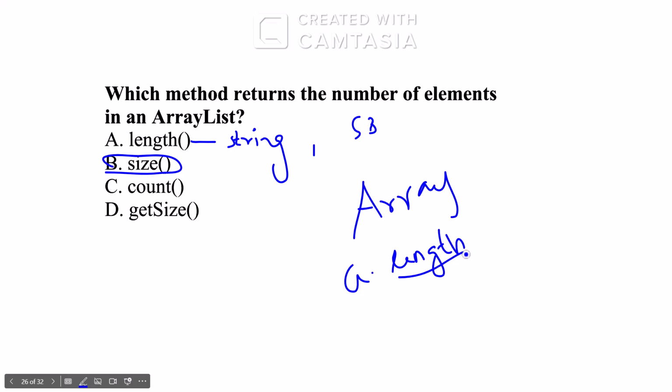So in array list we are using the size function, in string and string buffer we are using the length function, and in array we are using a word called length. Count and get size we are not using here.